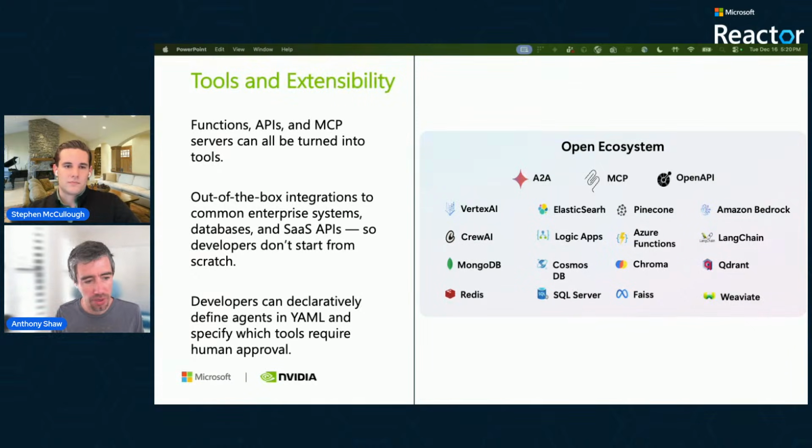And then we also support a huge number of different backends for storage retrieval, for function execution, and even different clouds as well. So Amazon Bedrock would probably be one name that jumps out there. Yes, it is a competitor platform, but it's something we can also integrate into. So like I said before, we're not really designing something that's designed for lock-in. We just want to make an open framework that works really well in Azure, but also can be used on other platforms.